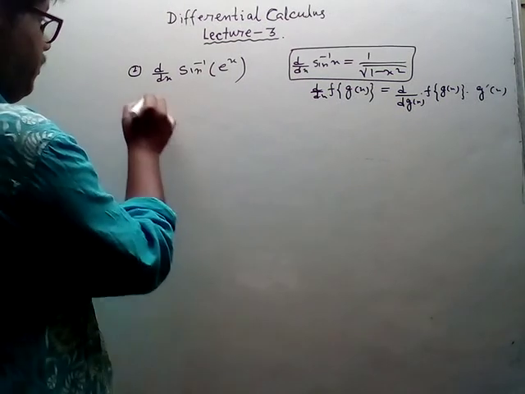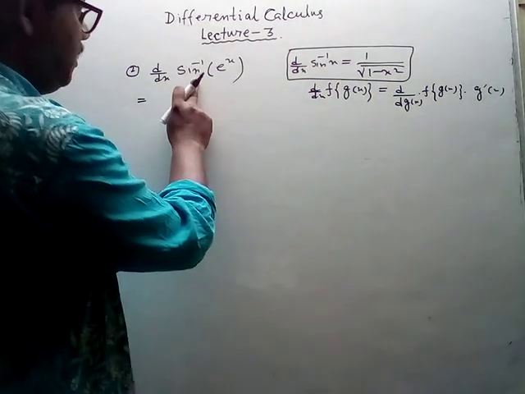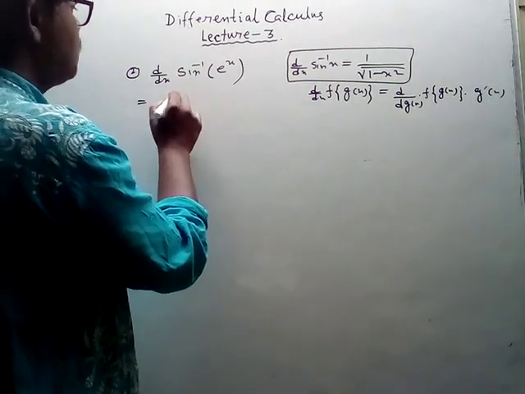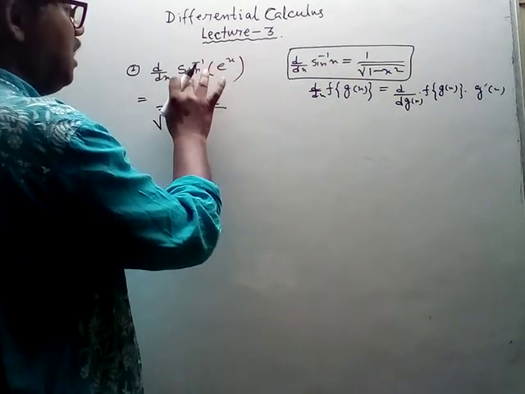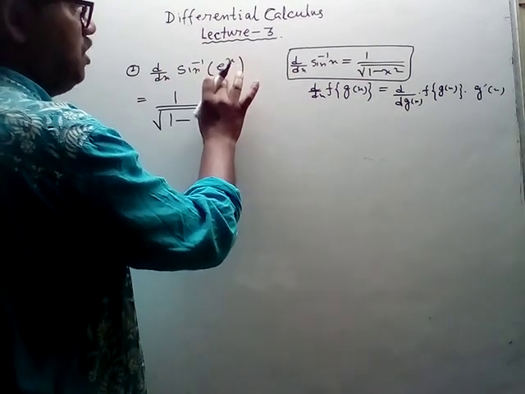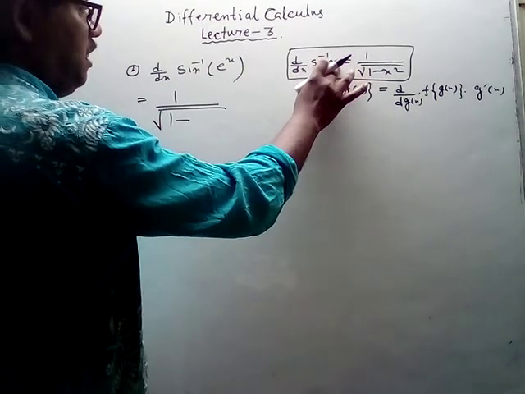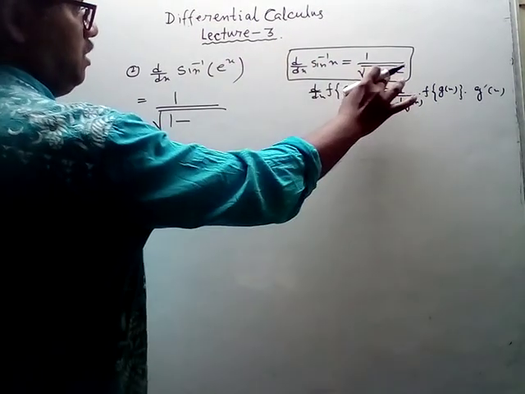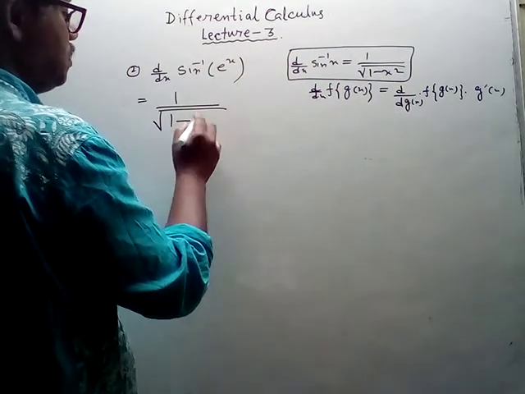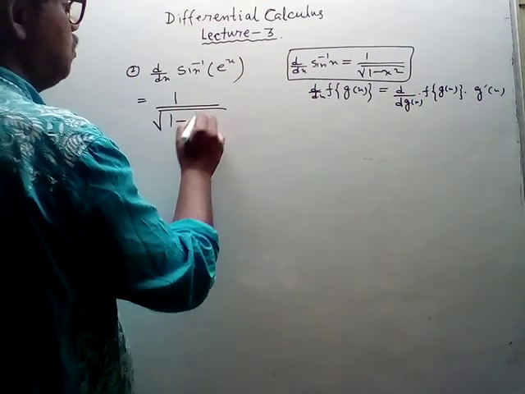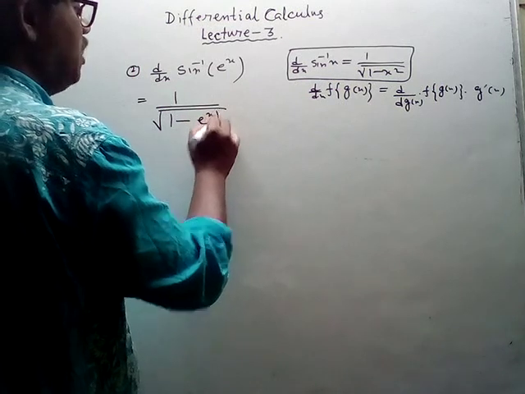So we first apply the derivative of sine inverse. Sine inverse x means 1 by root over 1 minus x square. Here instead of x we take e power x. So it means 1 by root over 1 minus (e power x) whole square.